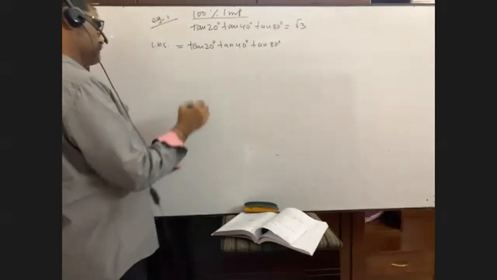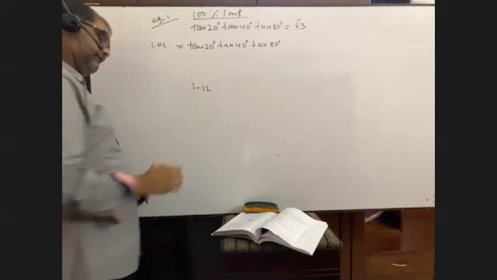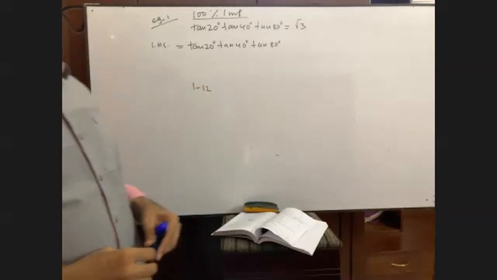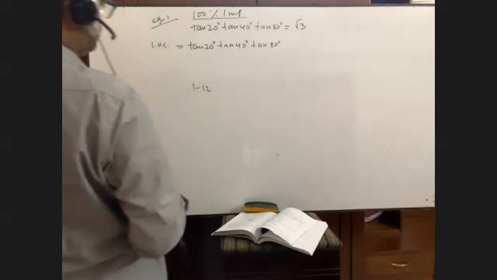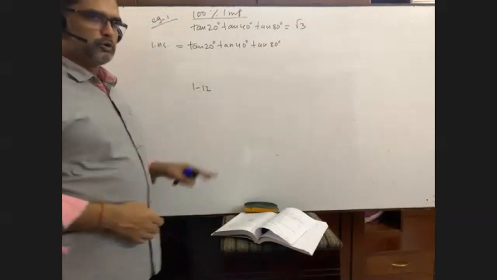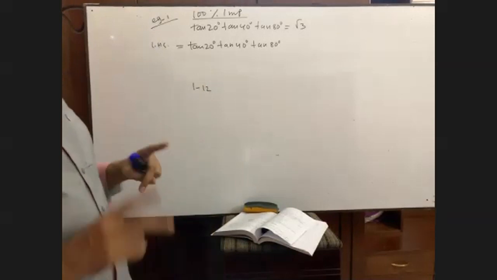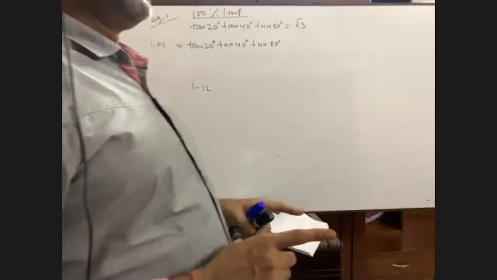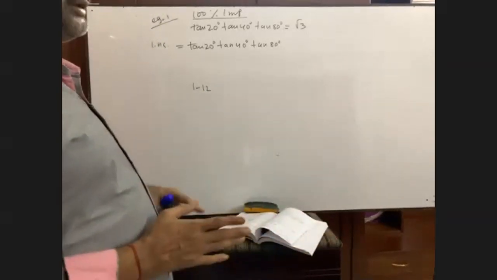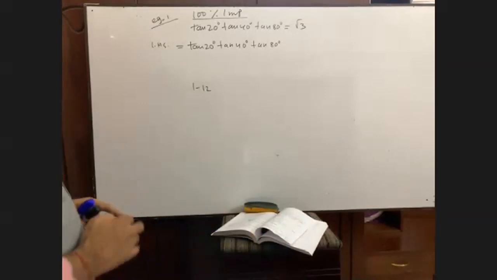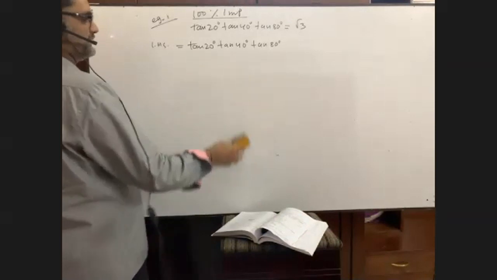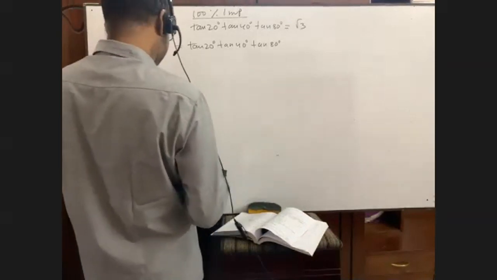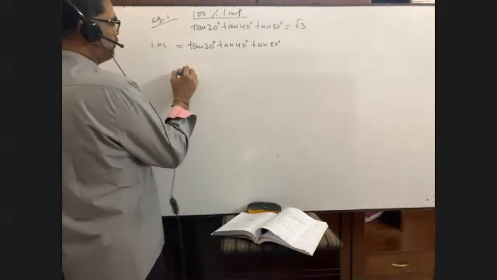From the formula number 1 to 12, we don't have any formula on tangent. We have the formula of sine and cosine, right? So our first duty is to convert all tangent into sine theta and cosine theta. Okay, so we can write like this.